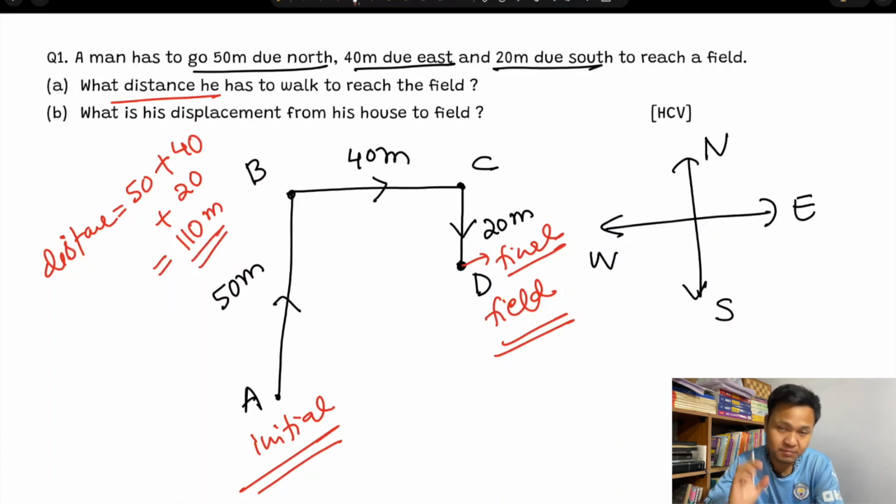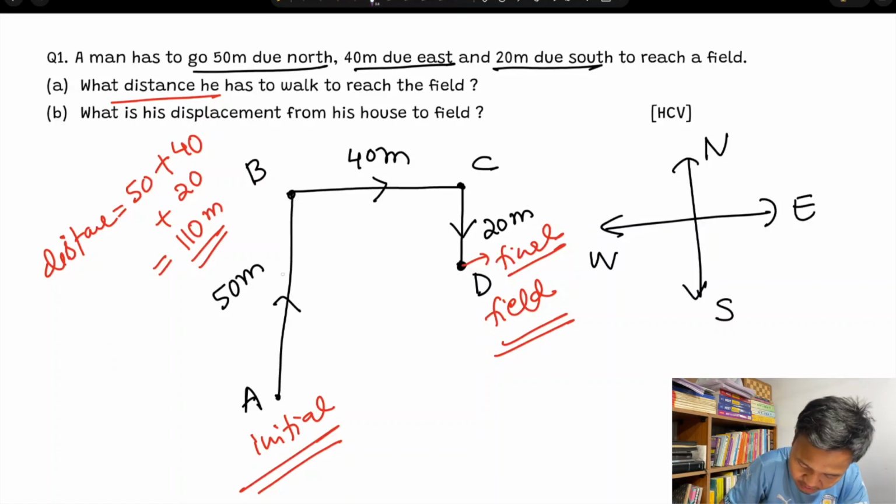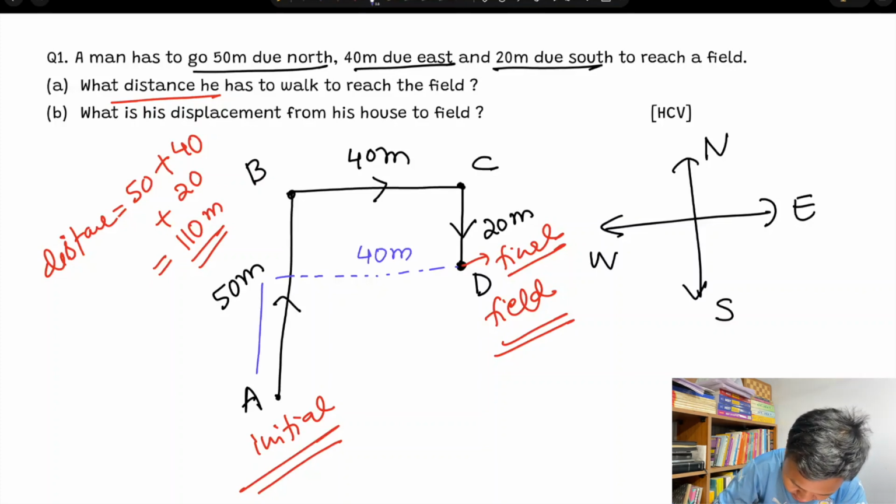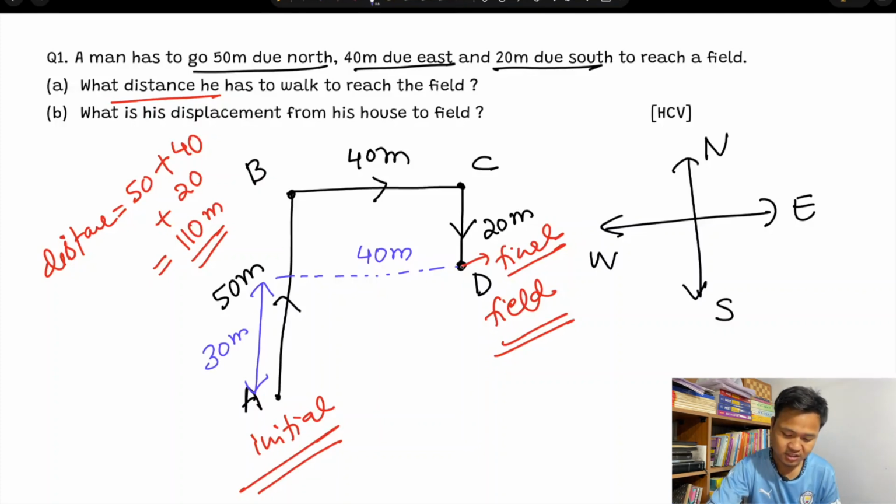Now for displacement, you have to join the initial and the final point with a straight line. Here this is 40 meter, so how much is this? CD is 20, so here also 20, which means the remaining is 30.